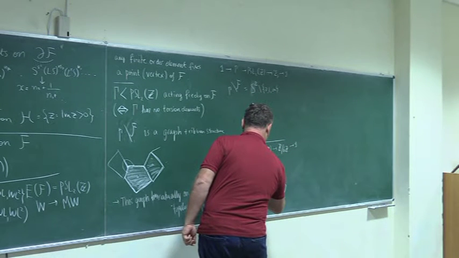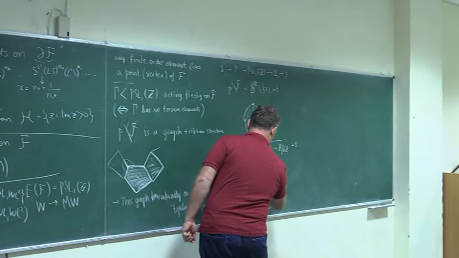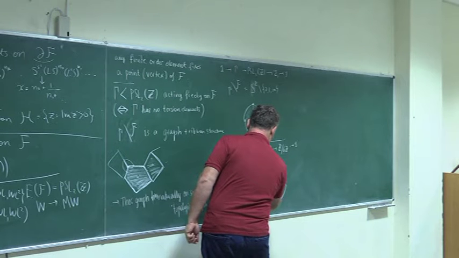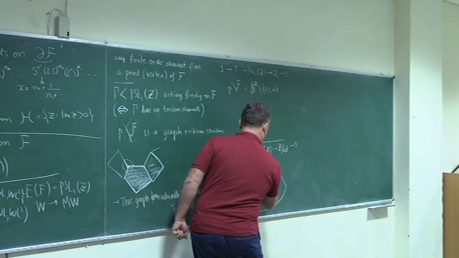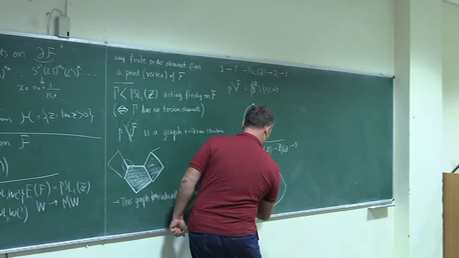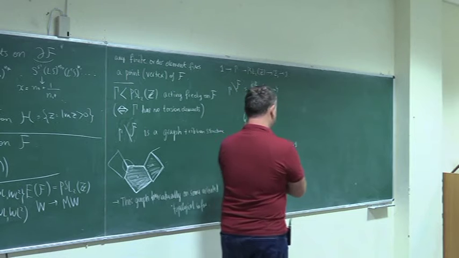Something like this plus something like this. So I have two vertices of degree 3, and I have here and here 3 vertices of degree 2.